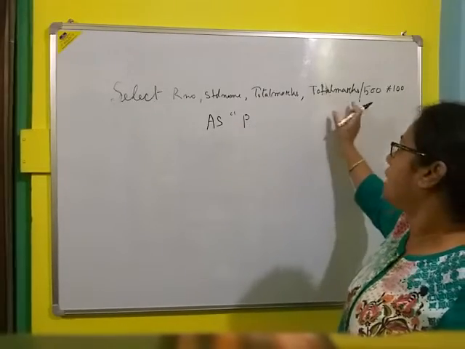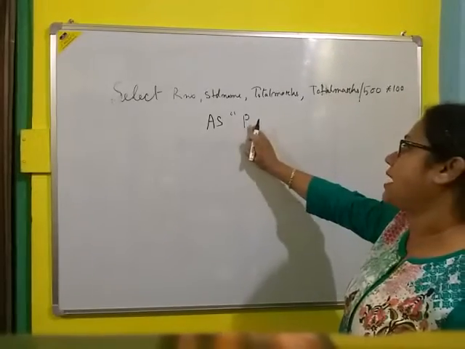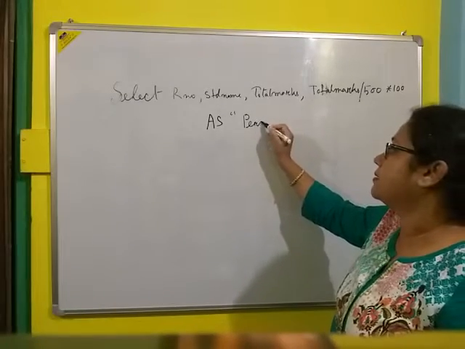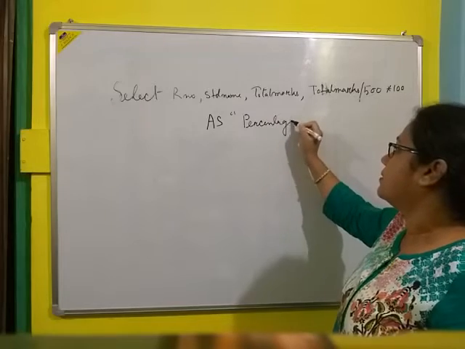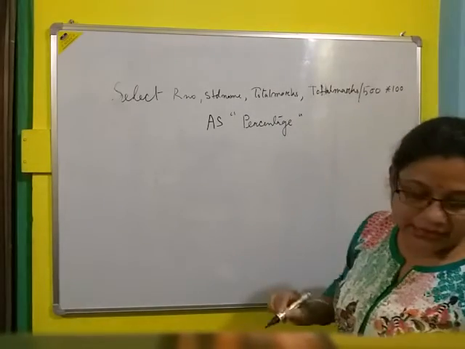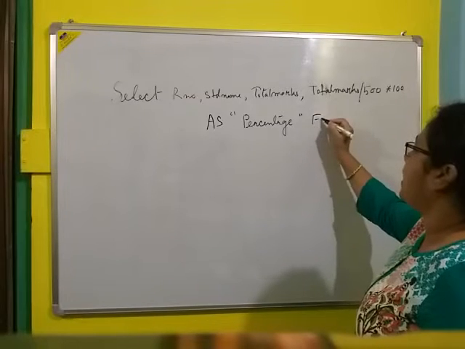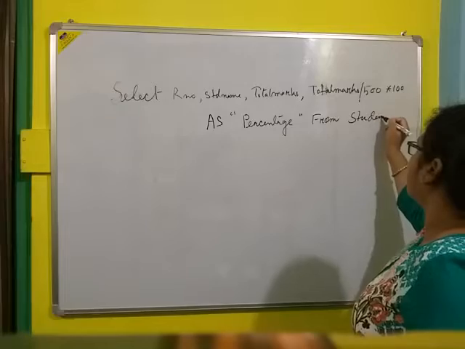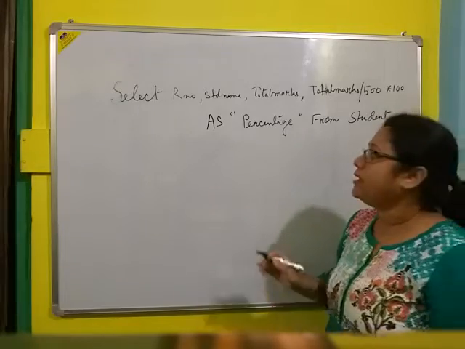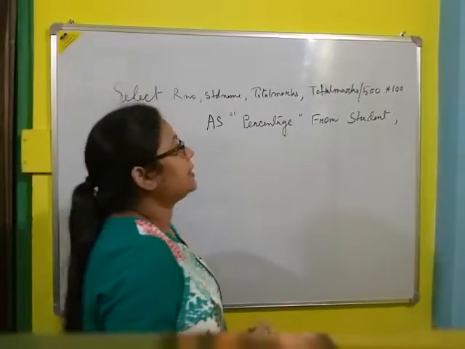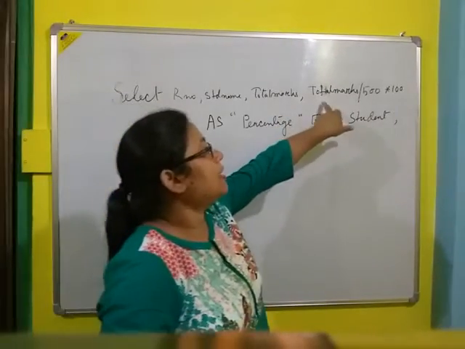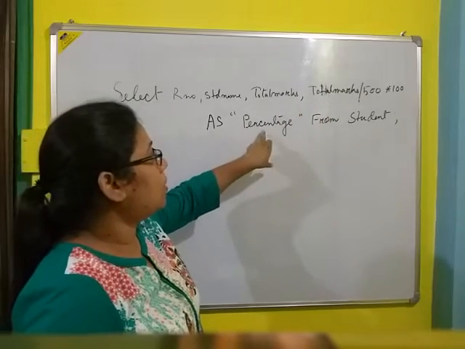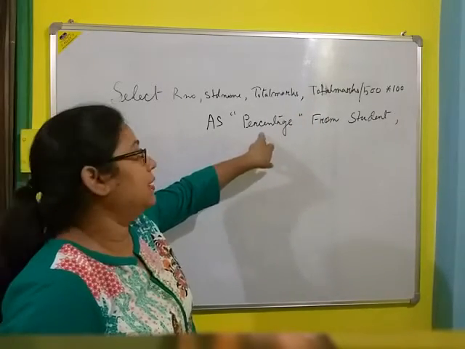We are calculating the percentage, that's why I give the name of the field as percentage. Then you write the table name, that is from student. Okay, so when you write this SQL command, then the calculated percentage values are displayed in the percentage field.